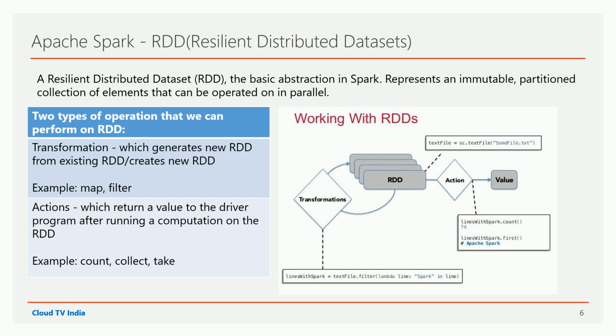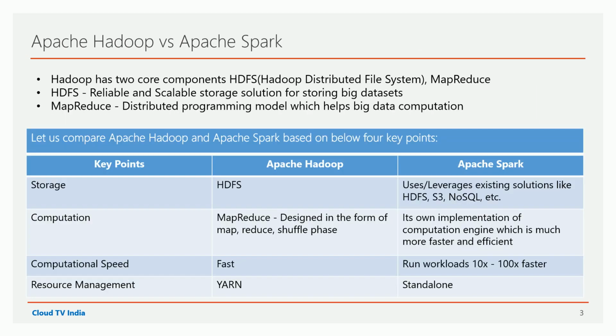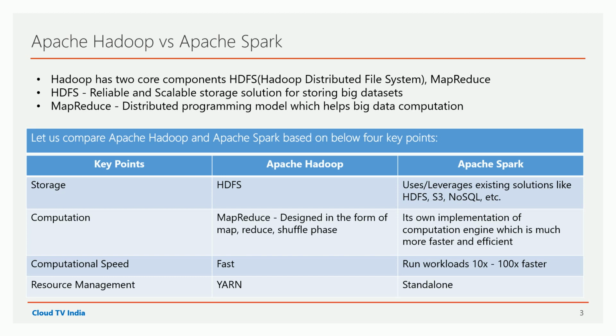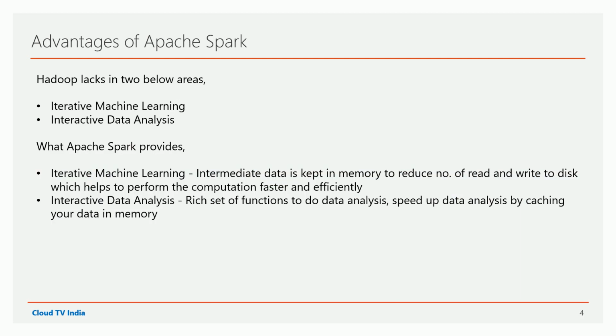What we learned in this session is what Spark is, and the comparison between Spark and Hadoop: what areas Spark has improved, and what existing components it uses, like the storage components. We saw two areas where Hadoop was lacking, iterative machine learning and interactive data analysis, and how they have been improved in Spark.